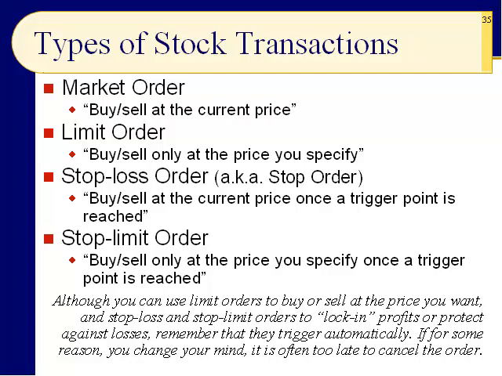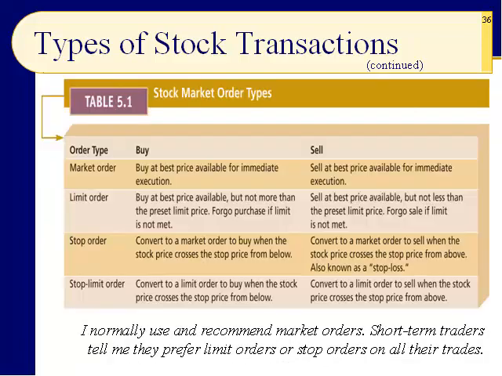So I'm a big fan of market orders. I just tell you, look, you want to buy the stock, buy it. You want to sell the stock, sell it. Whereas traders tell me they really like the limit orders, stop loss, especially stop loss. And so here is a table from your book that shows the difference between the two. Market order: buy at the best price available when you want to buy, sell at the best price available.